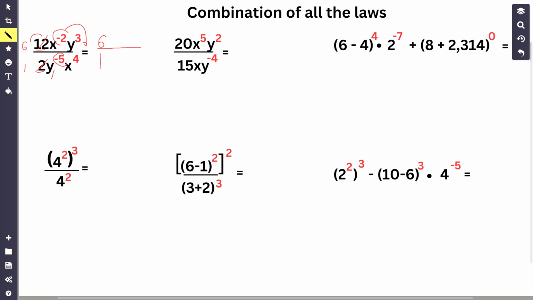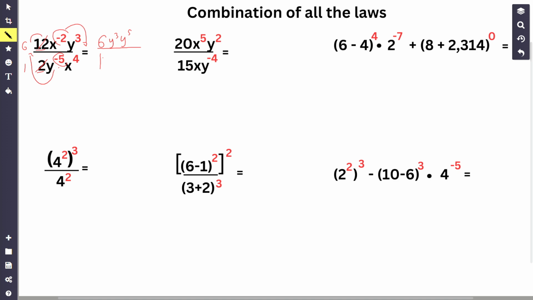And the y raised to negative 5 here, when we put that in the numerator, will become y raised to 5. So to further explain this, now we'll have 6, y raised to 3, and then the other y raised to 5. See, the negative 5 exponent below became positive in the numerator.